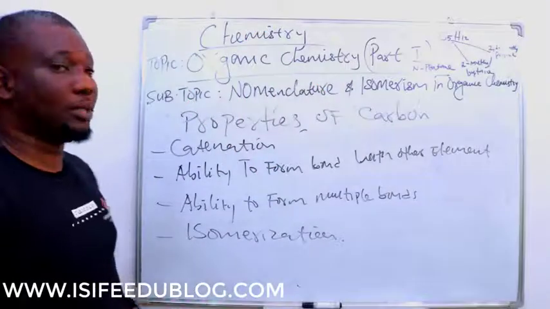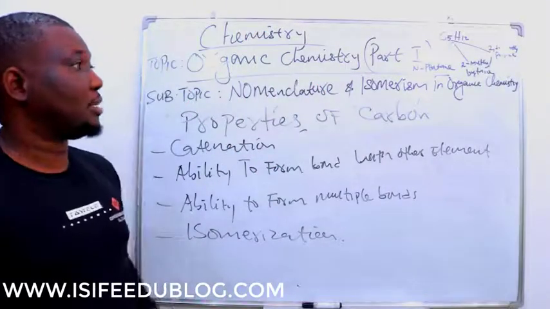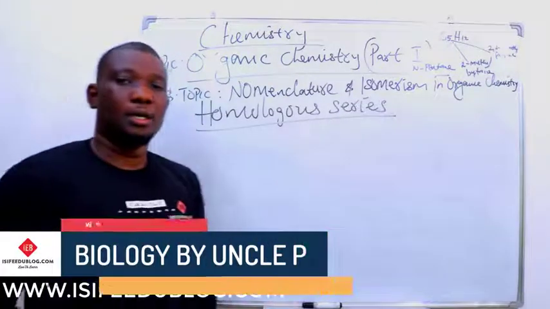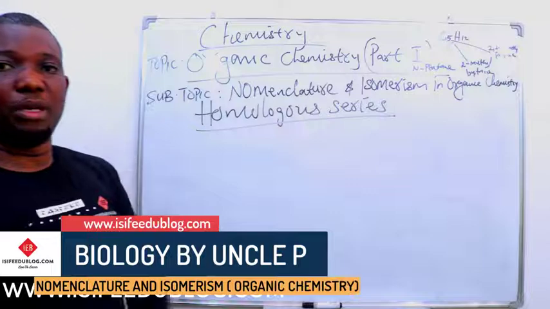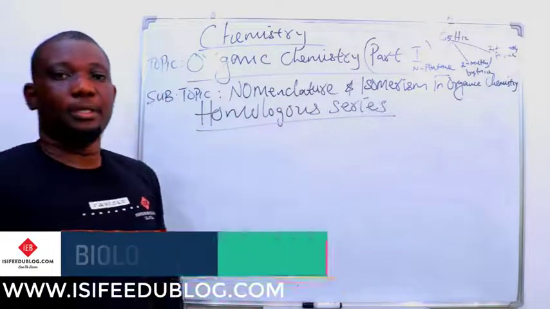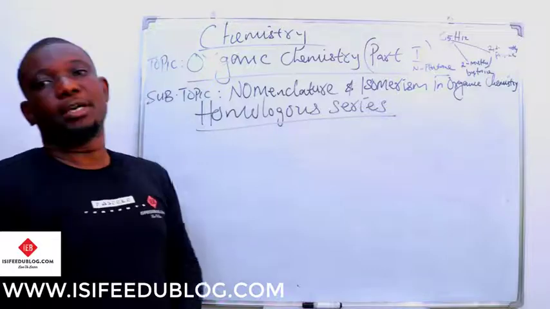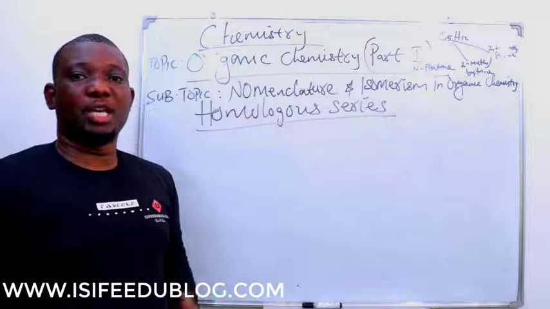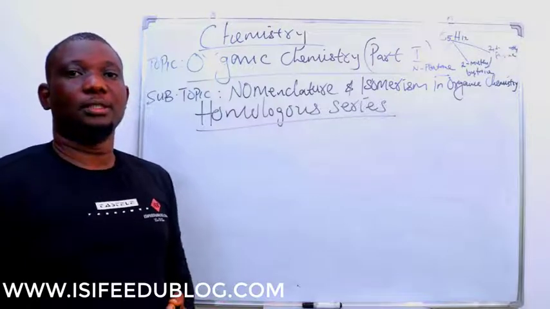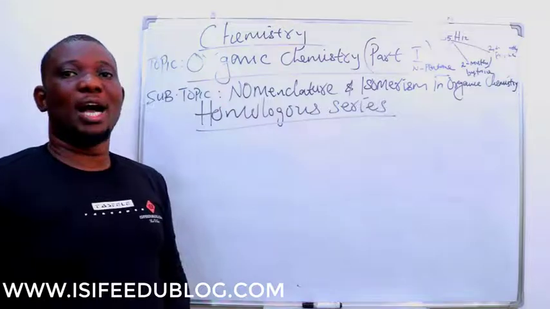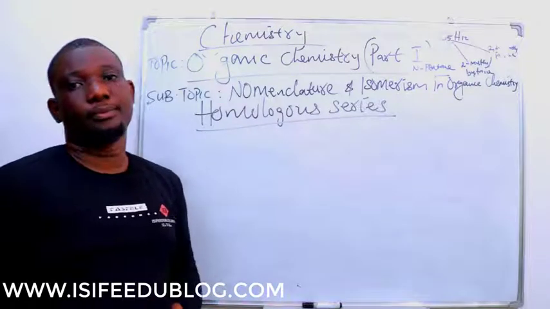So we're going to be looking at homologous series in organic chemistry. Before I define homologous series, organic compounds are one aspect of chemistry that is studied extensively due to how complex and numerous they are.